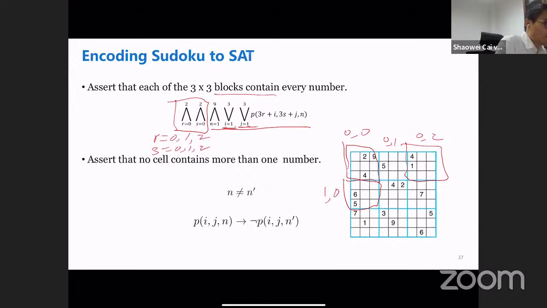So we have 3 times 3 cells here, and each number must appear in at least one of them. When we conjoin over all the 9 numbers, we have described the case for one block, and then we conjoin all the cases for all the blocks. Okay, and finally, we say that no cell contains more than one number.